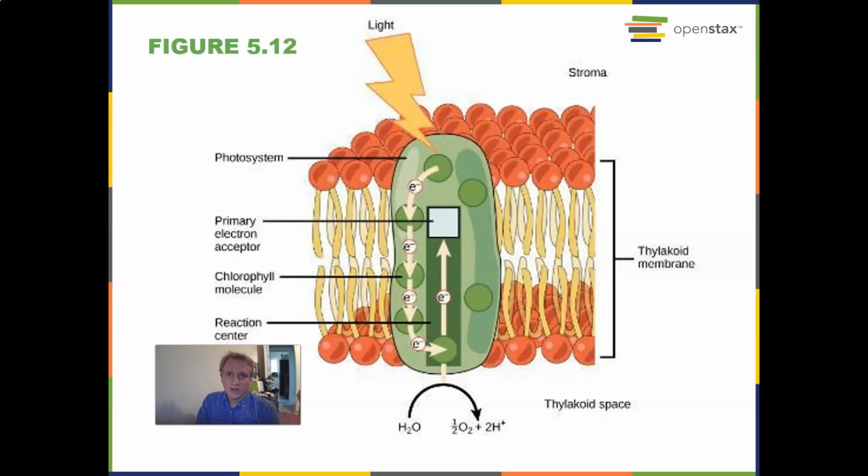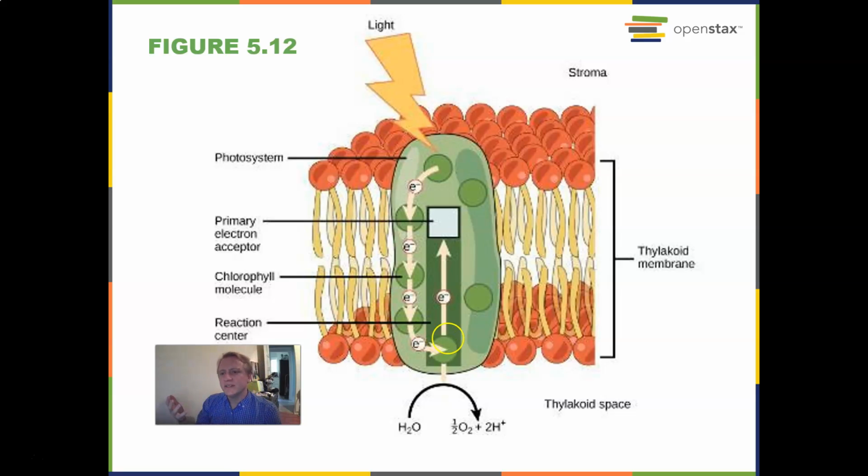What's going to happen is light is going to come in and hit this photosystem, and it's going to energize an electron. You don't need to worry about the terminology of reaction center, but when it energizes an electron, that electron is excited. When that electron gets excited, it moves away from its original molecule.